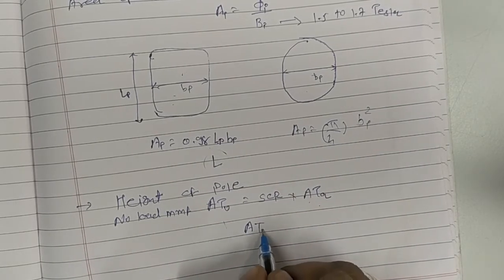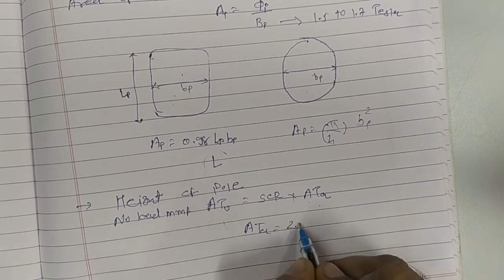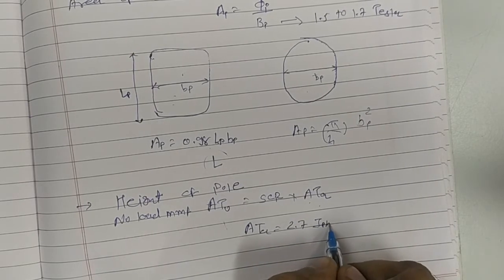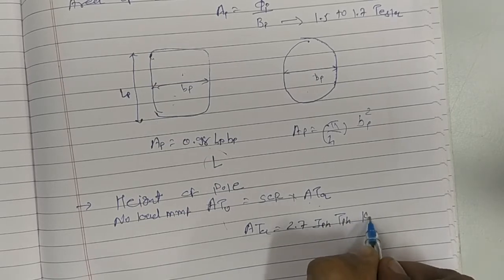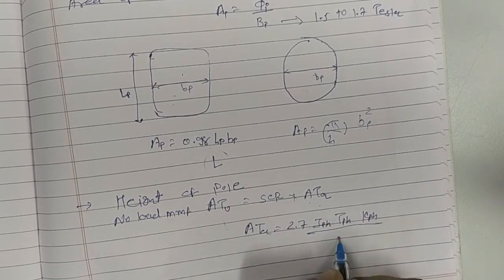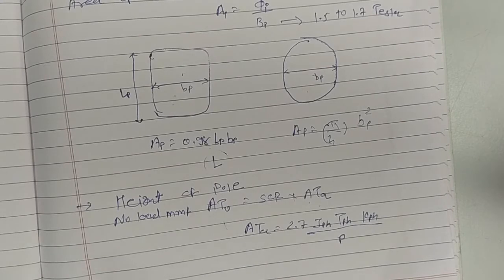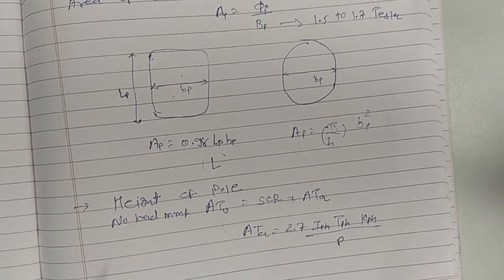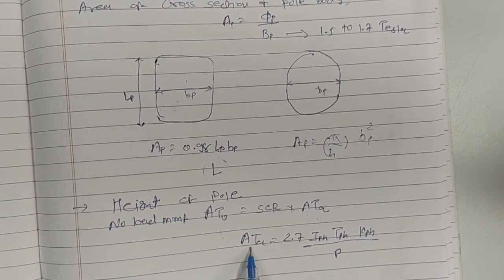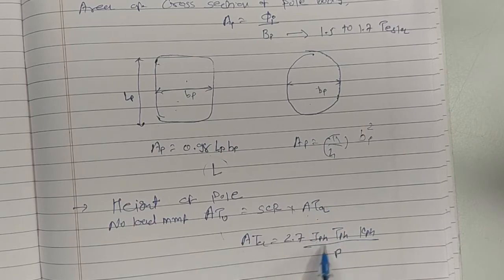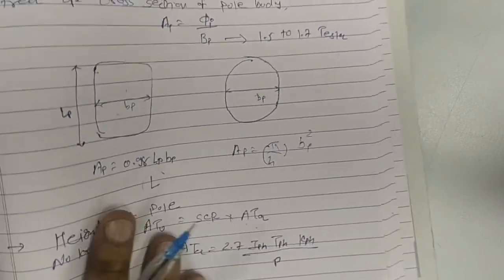One equation is there, that is given by 2.7 times IPH into TPH into KPH divided by P. By this method also you can find out the value of ampere turn or MMF of the armature. Let us proceed further. Let us say we do have the value of ATA. Suppose you don't have the open circuit characteristic, this equation is very useful. Now the next step.